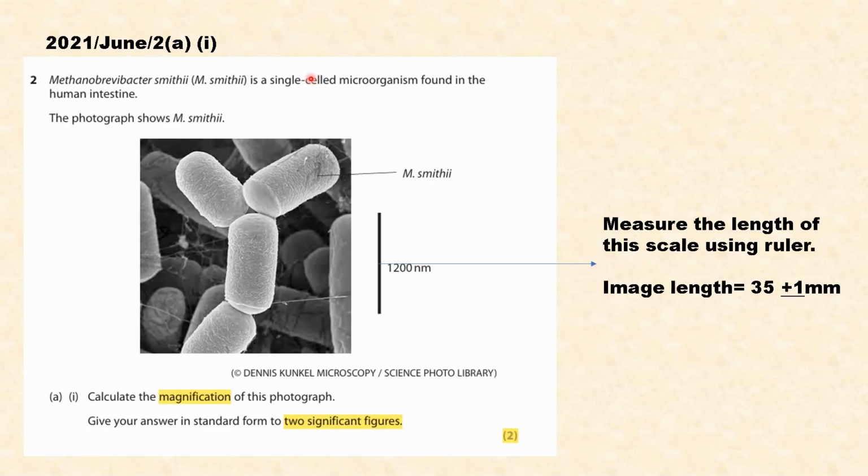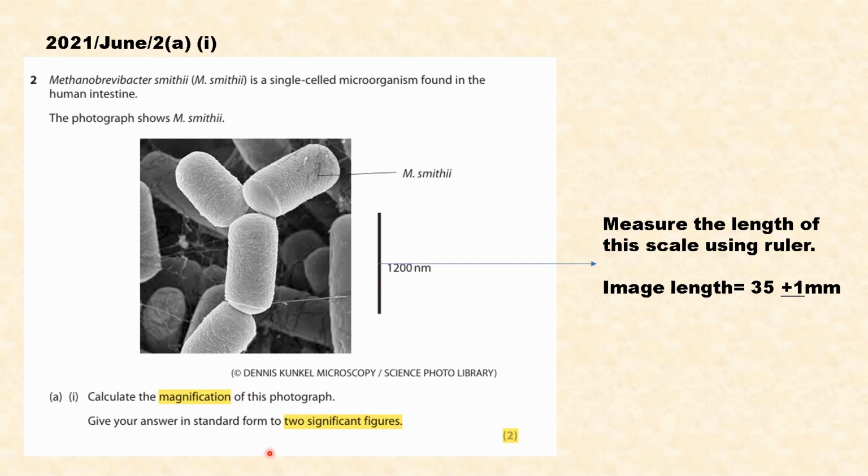The next question is from the 2021 June paper, and it concerns a bacterium called Methanobrevibacter smithii, often abbreviated as M. smithii. You can notice that a scale is provided, and the question asks you to find the magnification.